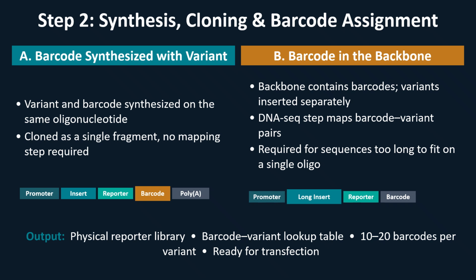Most designs use multiple barcodes per variant, maybe something like 10 to 20, to average out technical noise and improve measurement precision. By the end of this step, the reporter library is fully constructed, traceable, and ready for transfection.